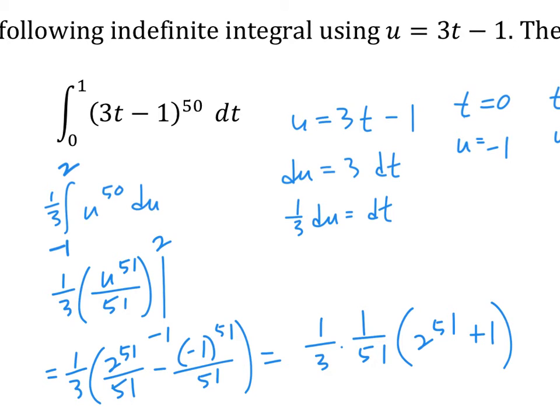Why didn't you plug 3t minus 1 into u? I just need to evaluate everything in terms of u, since I already figured out what u's limits are. Yesterday you did indefinite integrals. Indefinite means there are no limits. When there are no limits, you're solving with a plus c, and then yes, you plug it back in.